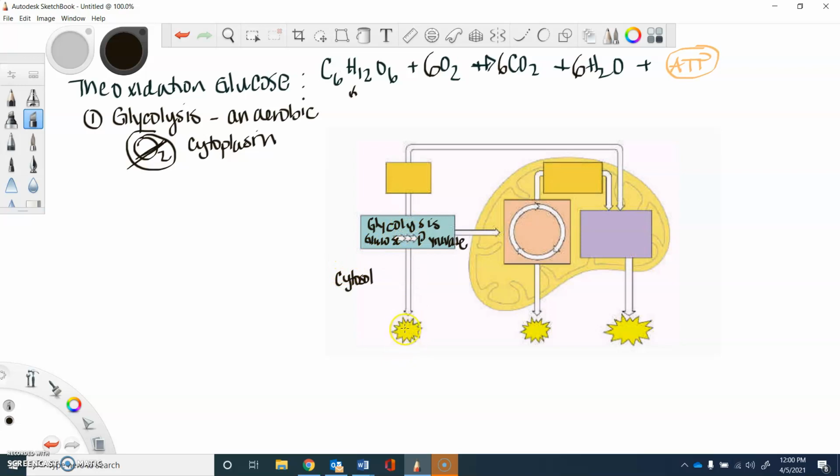We're going to get a little bit of ATP, and we get that through a process called substrate level phosphorylation. So remember, we're making ATP from ADP.